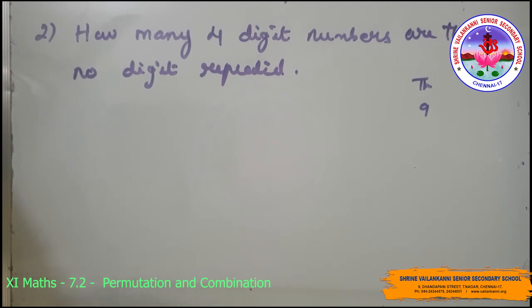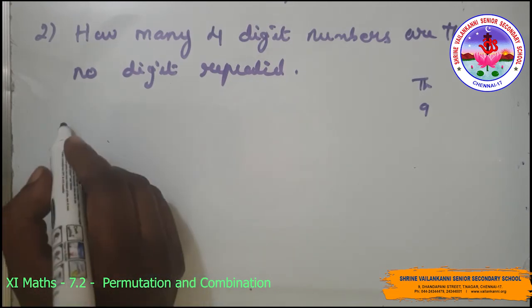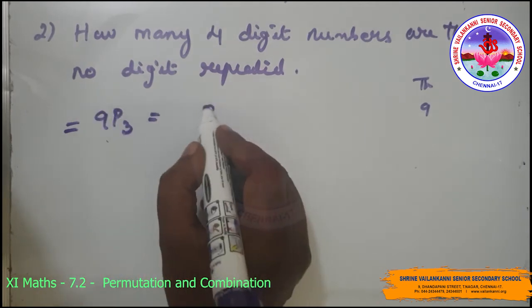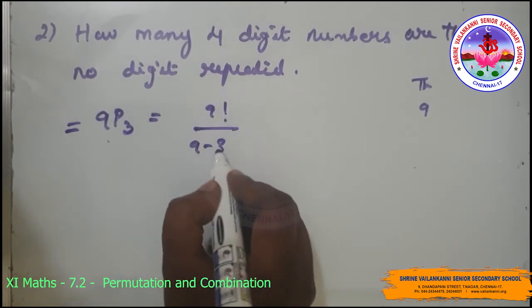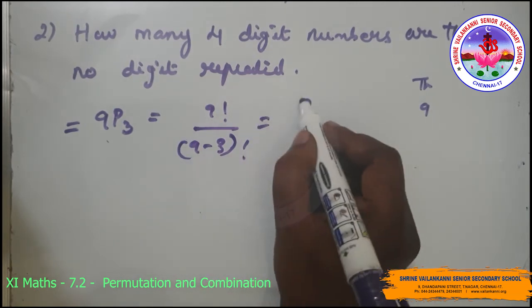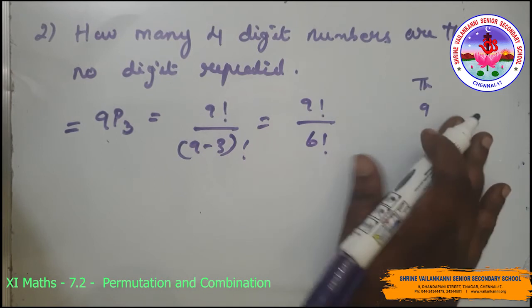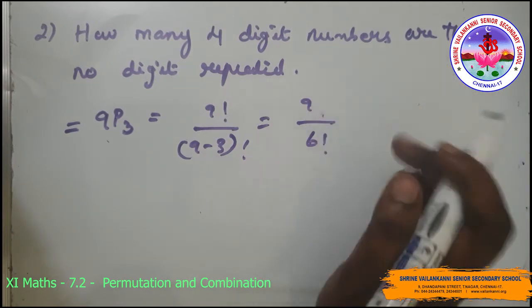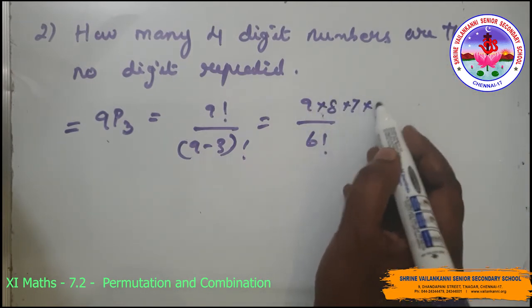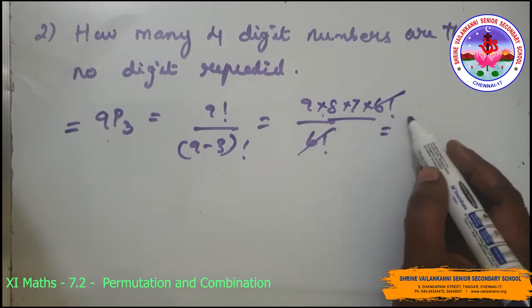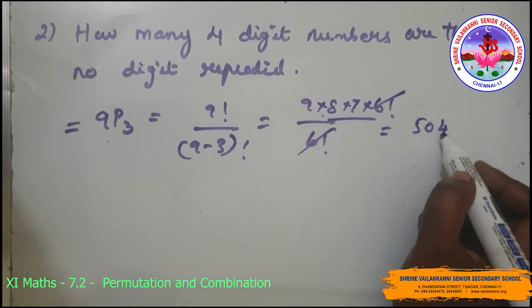So number of ways to fill the remaining 3 places is equal to 9P3, which is equal to 9 factorial by 9 minus 3 factorial, which is equal to 9 factorial by 6 factorial, which is 9 into 8 into 7 into 6 factorial by 6 factorial, which is equal to 9 into 8 into 7, which is 504.